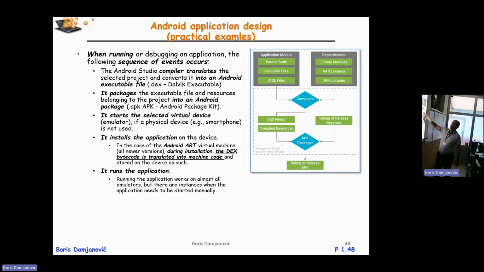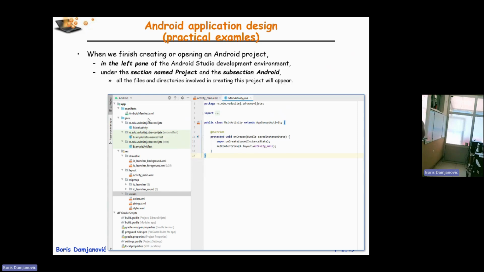We will probably include some debug information in that, and after that we will produce an APK for debugging or for the release version of our application. And that APK will be pushed and installed on the emulator or on our device. Okay.